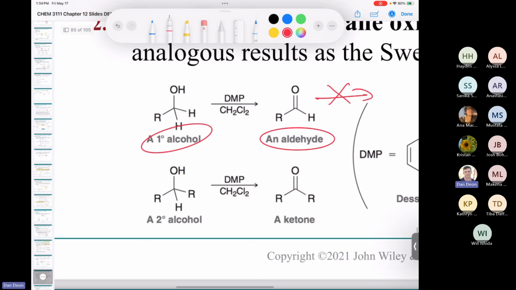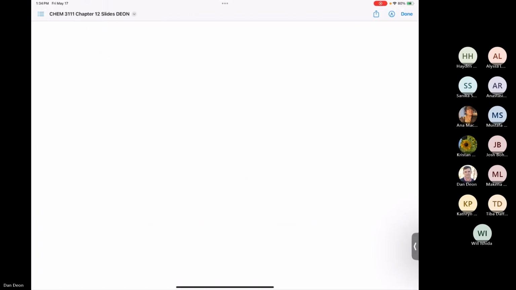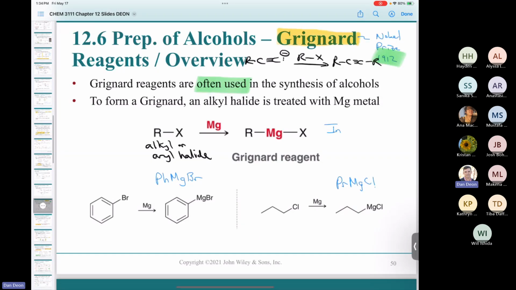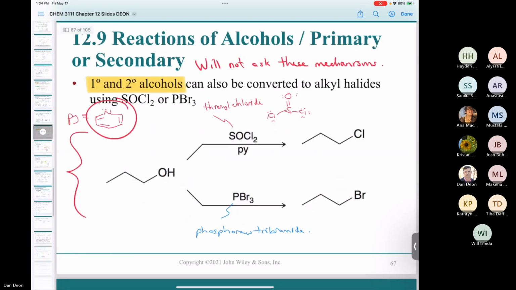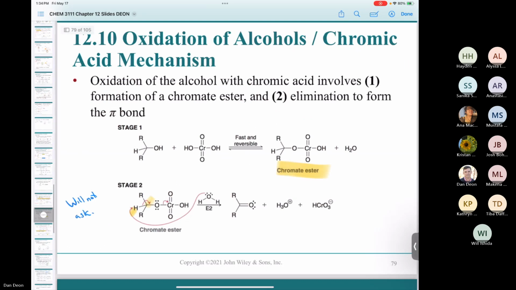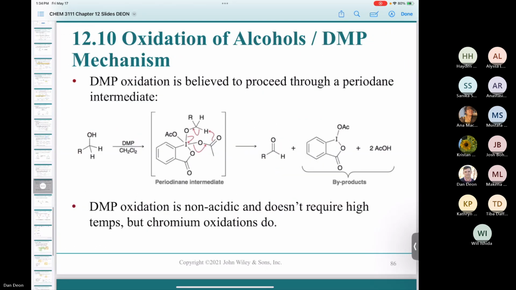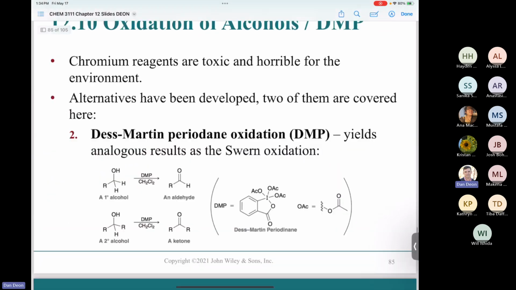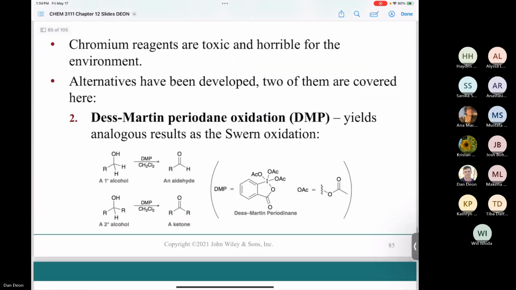If you're wondering, what's this thing underneath, right? This is dichloromethane, and dichloromethane is just the solvent. It's a very good solvent for the Dess-Martin periodinane.